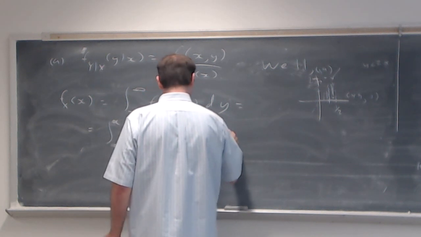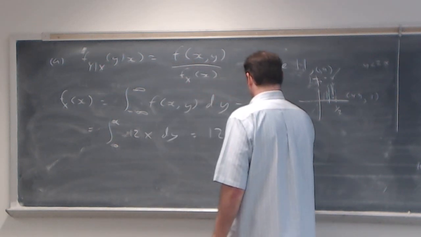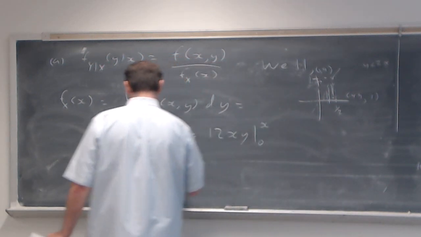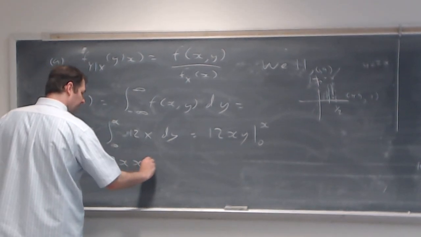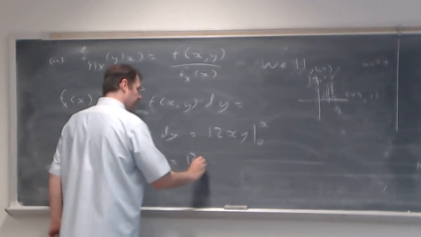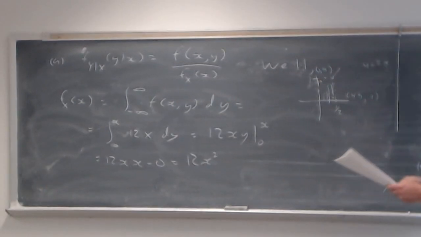Well, the antiderivative of 12x with respect to y, evaluated from 0 to 2x, that's what the y values are. That's going to be equal to 12x times 2x minus 0, which is 24x squared. Okay.